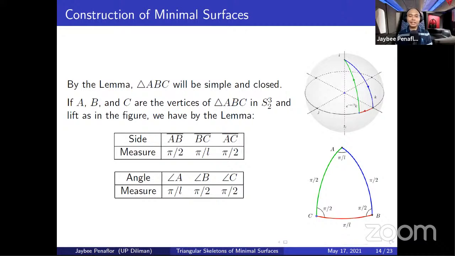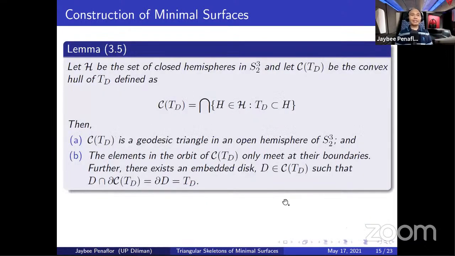Now, one thing that sticks out is this. What is the biggest possible value of L? The biggest possible value of L is 1 because L is a natural number, and therefore the biggest size of angle A is just pi. Therefore, this triangle ABC can fit within a hemisphere. That fact is very important as we go through the second lemma, which we will call lemma 3.5.